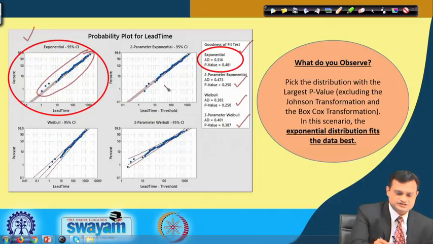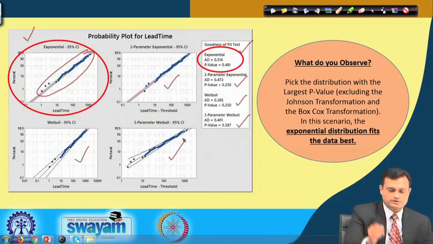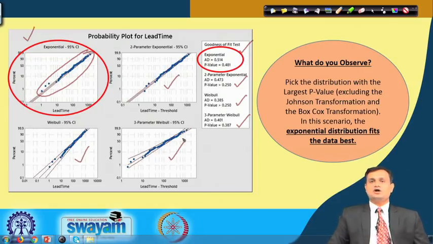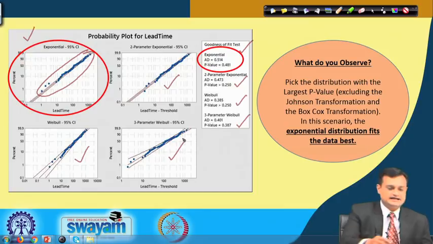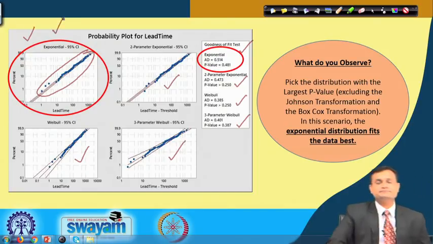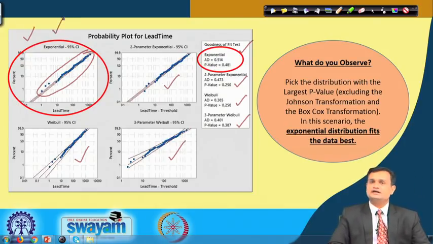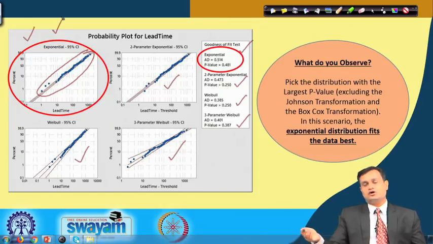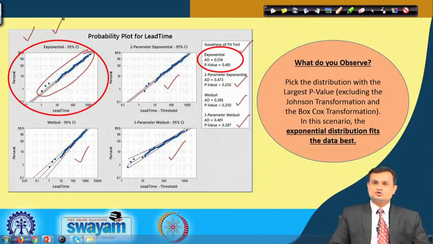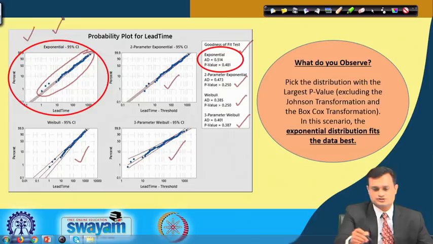And if I look at the probability plot, again it is not conforming. So here my data best fits the exponential distribution, and I can conduct the non-normal process capability analysis choosing the exponential distribution.